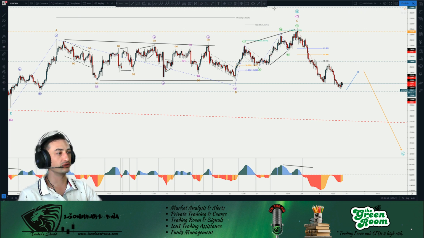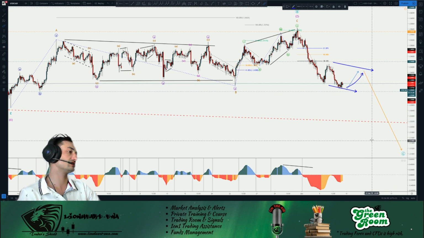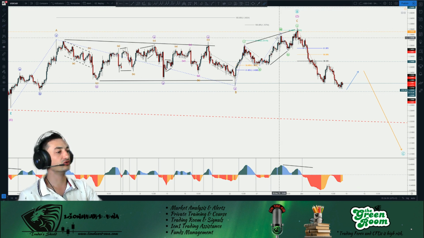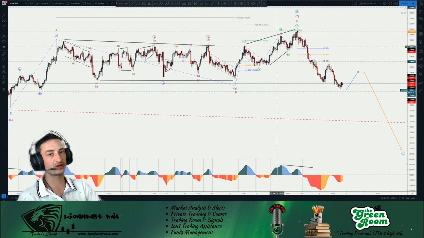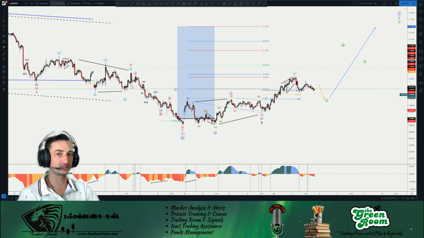So as a summary, I would be expecting a running flat right here on the USD CAD and more downside. And this should be quite deep. The bearish impulse for this C leg can actually be something impressive.